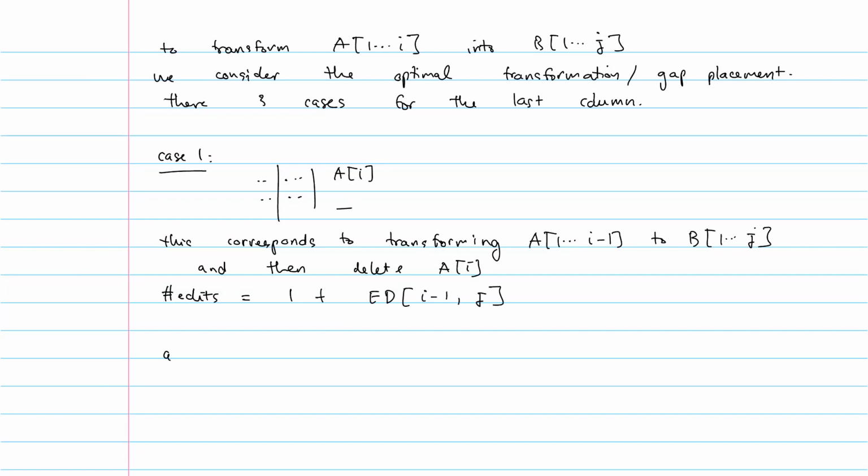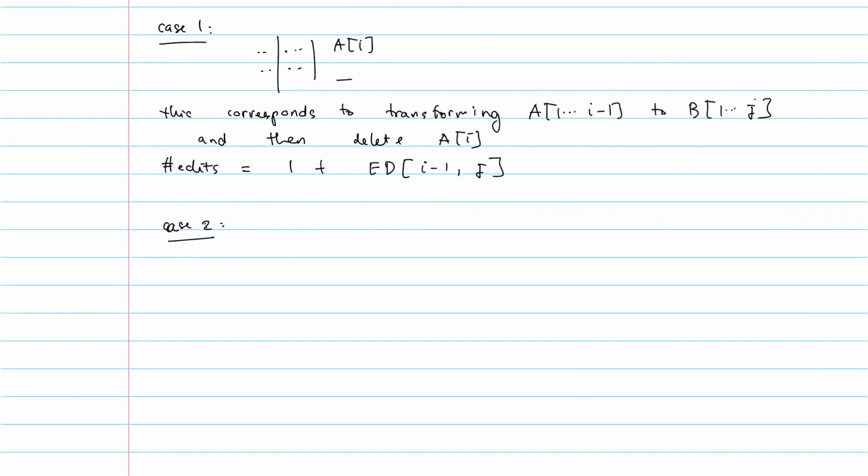Now let's go into the second case. Again, in this case we have the letter Bj at the bottom and a gap on top.